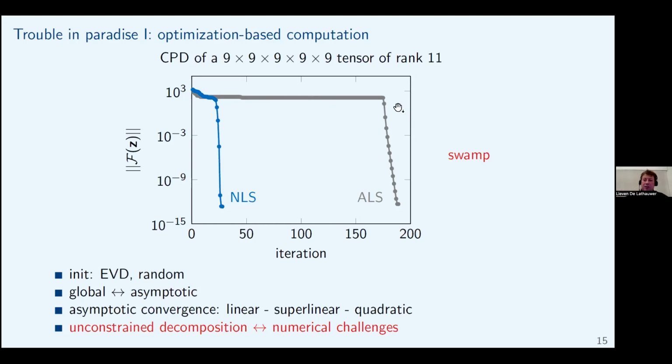This is, of course, the price to pay for the generality of the CPD and the interest of the tool. We made almost no assumptions on the rank 1 terms.